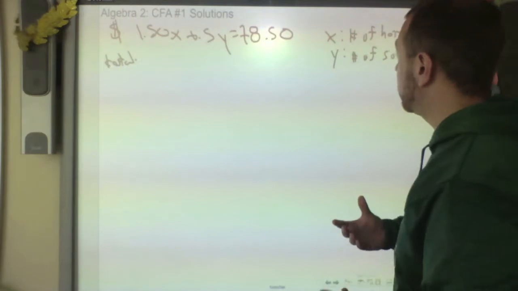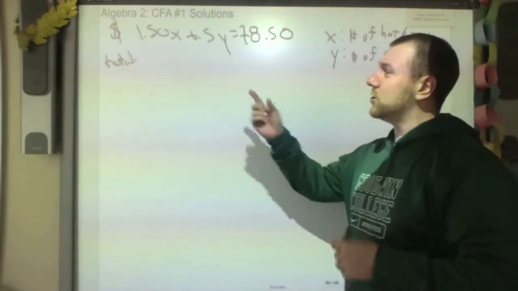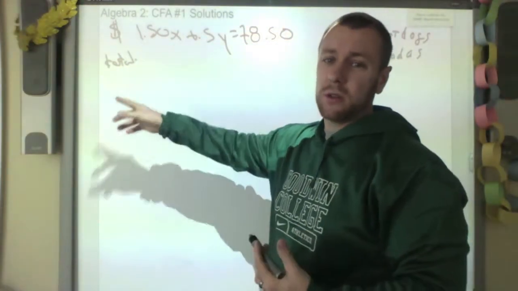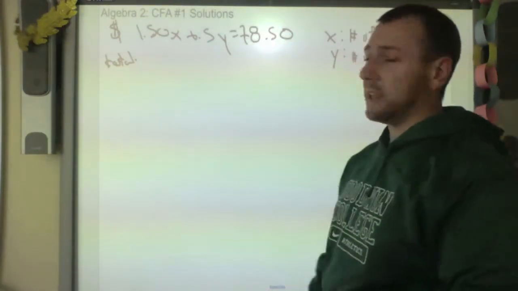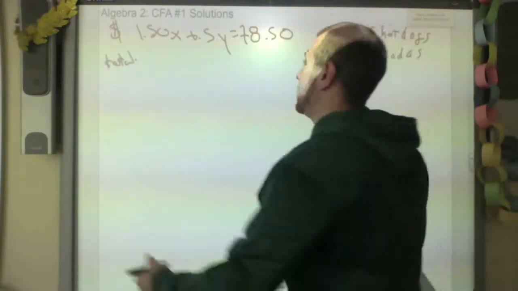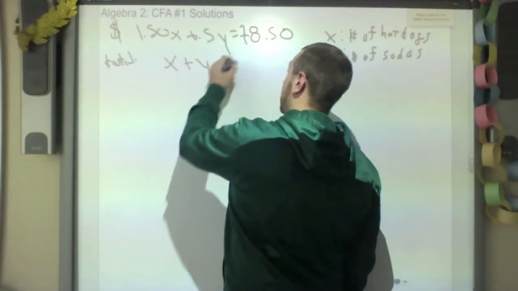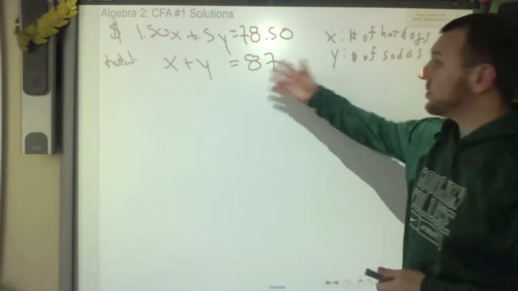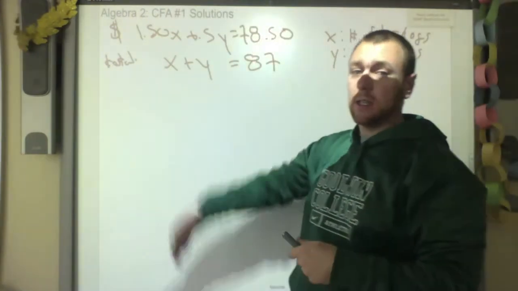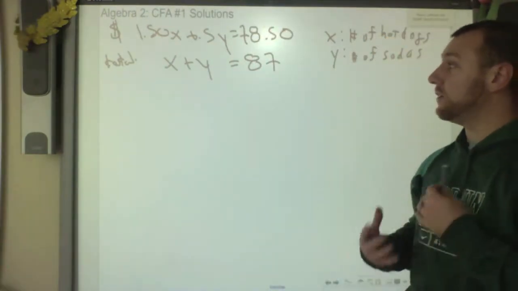We also know that we sold a total of 87 hot dogs and sodas combined. Every time you hear the word combined, it means that we're adding x and y, and that's going to add up to 87. So now I have my two equations, and now I'm going to solve the system.